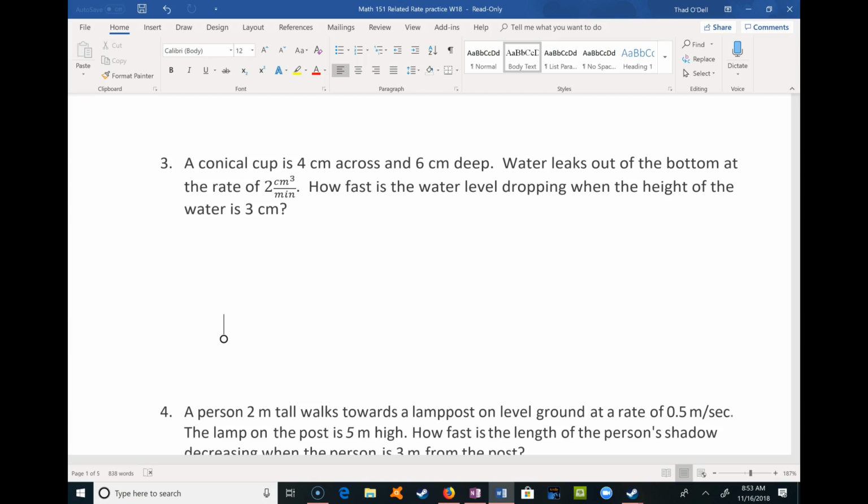Does it affect the change in the depth? Yes. Does it affect the change of the surface area that's exposed to the air? Yes. But what is it directly? It's just volume falling out, right? Does that make sense? I'm just losing water. I'm not having little pieces of pipe fall out. I'm losing water. That's volume, right? Now, even if you don't get that, what does that tell you?